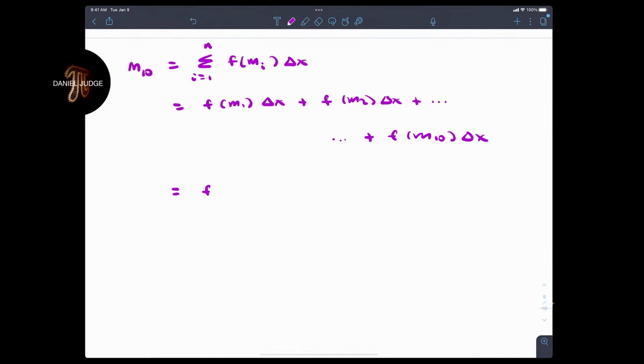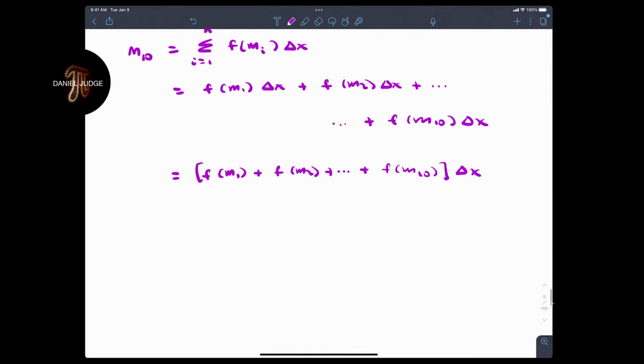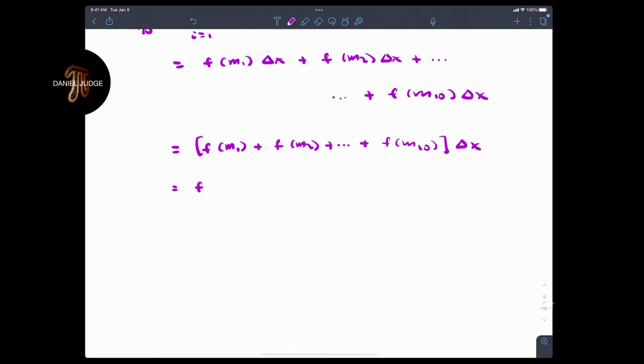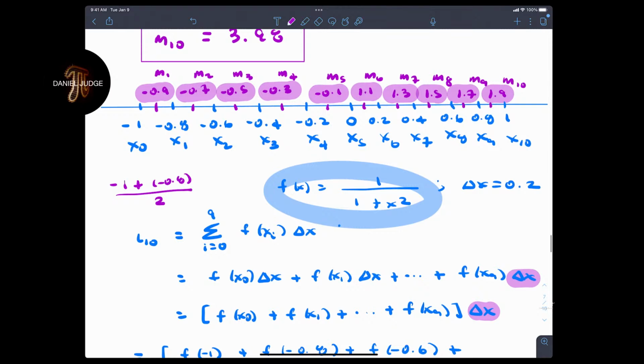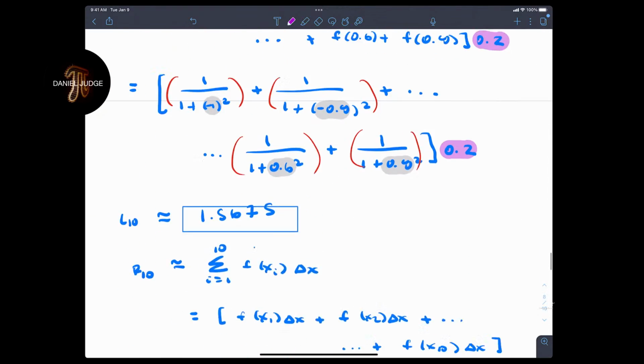And we're going to factor out the delta x now. f of m1 plus f of m2, f of m10, delta x. Those first values, negative 0.9 plus negative 0.7, all the way up to, I'll put the last two again if we go back, 1.7 and 1.9.